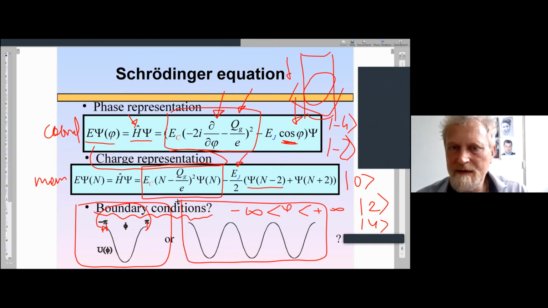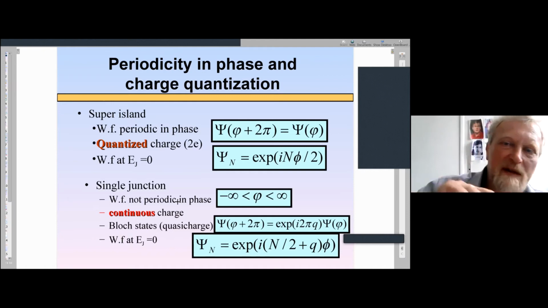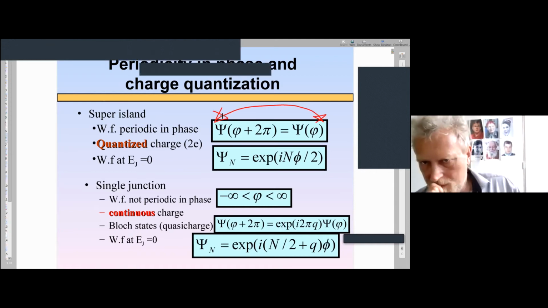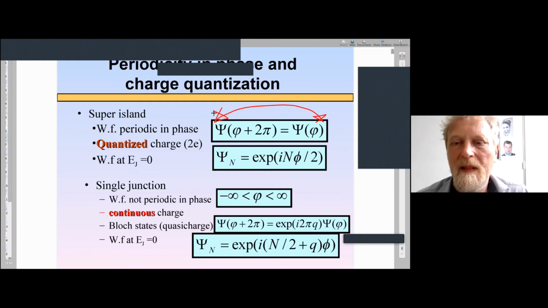So what to choose? It appears that both answers are valid, but for different devices, for physically different devices. The condition of periodicity imposed on the phase, on the wave function of phase, leads to quantized charge.